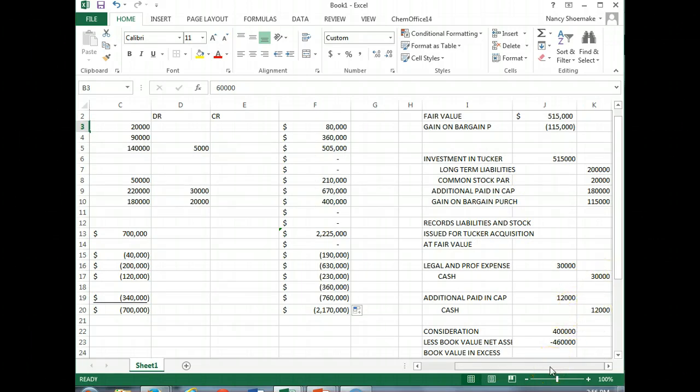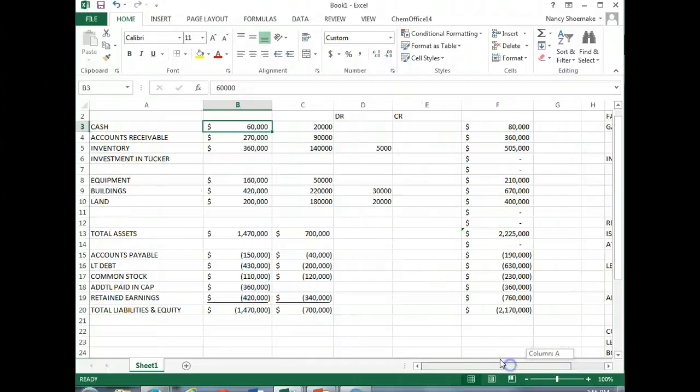See what I'm saying? 80 minus the 30 minus the 12. That's all we paid in, right? So 80 minus the 30 minus the 12, what would we end up with cash? 60, 80, 30, and 12. Let me figure out what I'm doing wrong.